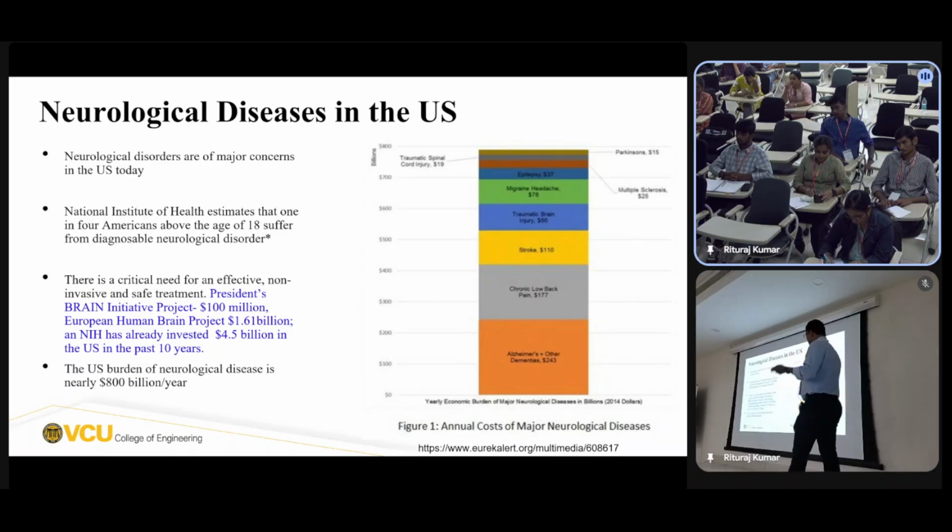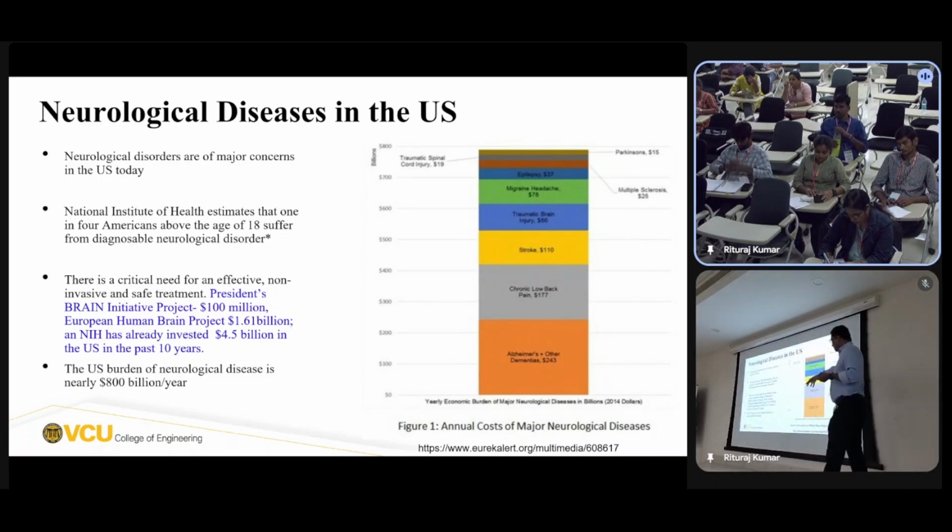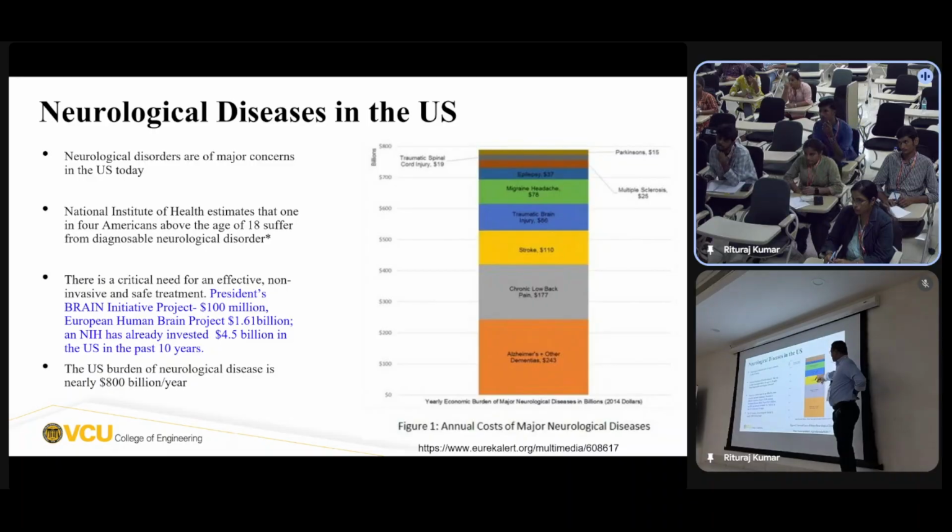The economic burden of neurological and psychiatric diseases is about 800 billion per year in the US, and that is broken down in numbers. Alzheimer's is 243 billion. Chronic low back pain because of the spinal cord is 177 billion. Stroke is 110 billion.